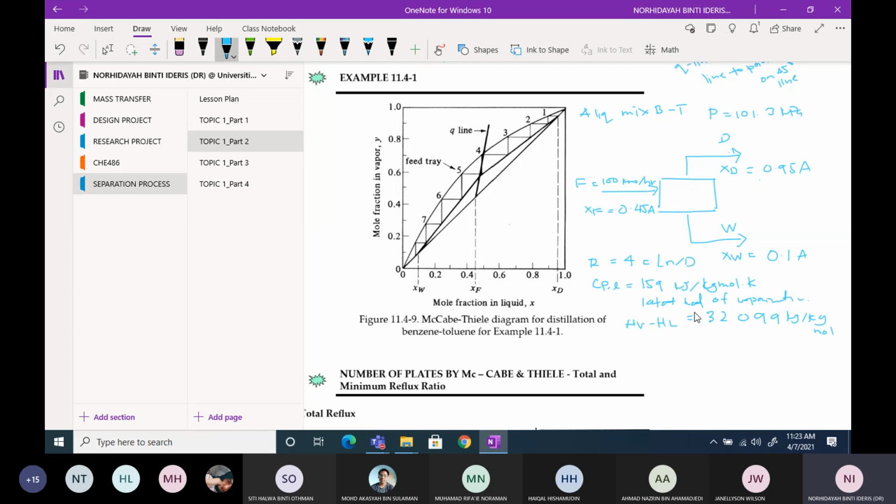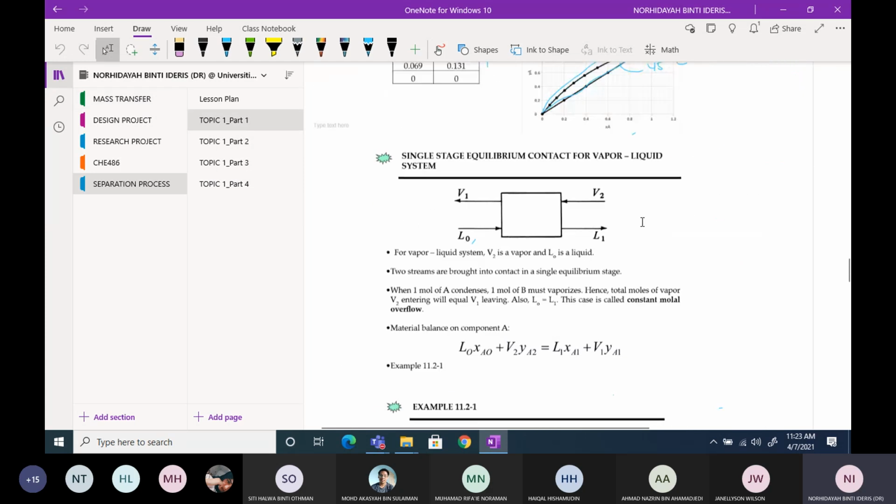Alright, so the equilibrium data is given, right? Previously, equilibrium data is given. If yang ada miss last class, now we go to topic 1, part 1 here.